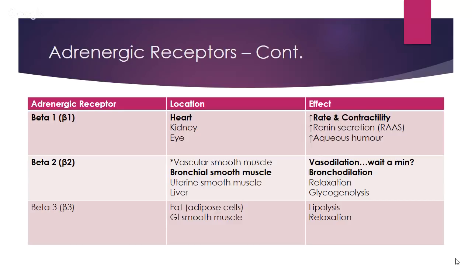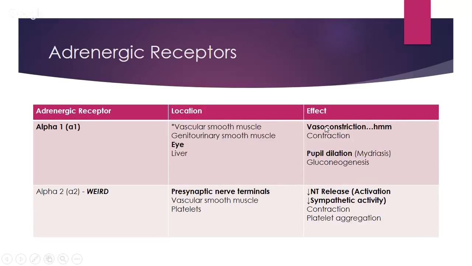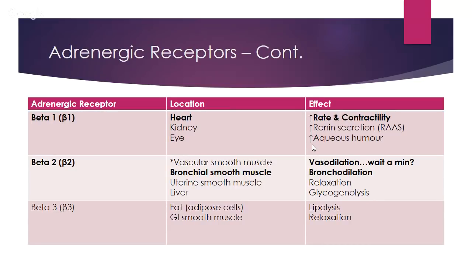Beta receptors, we've talked about beta 1 receptors in the heart, important, increased rate and contractility. There's a bunch of other stuff, not that relevant to you guys now. Beta 2 causes vasodilation. And if we remember at the past slide, alpha 1 causes vasoconstriction. And what this allows is for activation of our sympathetic nervous system to have different effects in different parts of the body.